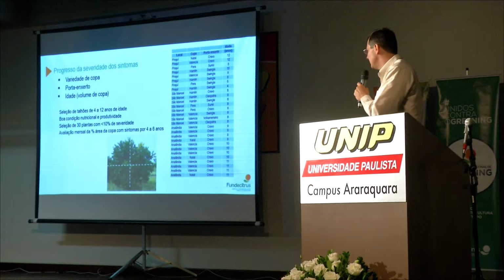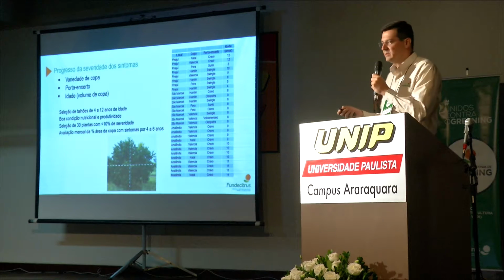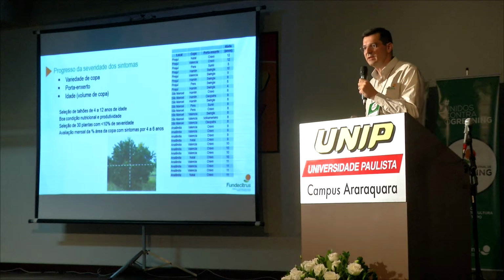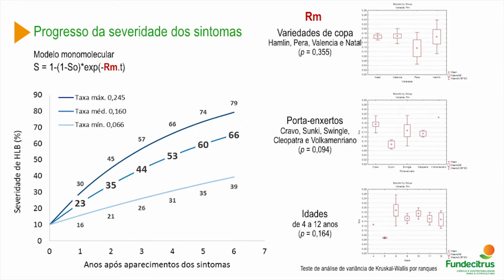In each of the groves, we selected 30 plants with initial severity less than 10% of the canopy affected with symptoms, only one branch. And then on a monthly basis, we assessed the severity of the disease in those plants. And the results, this is an average of our curve for all groves.